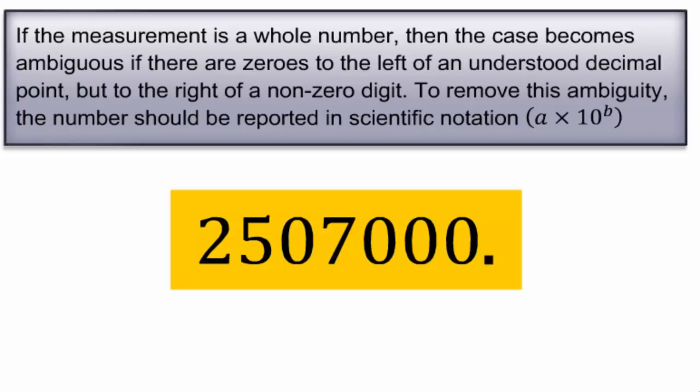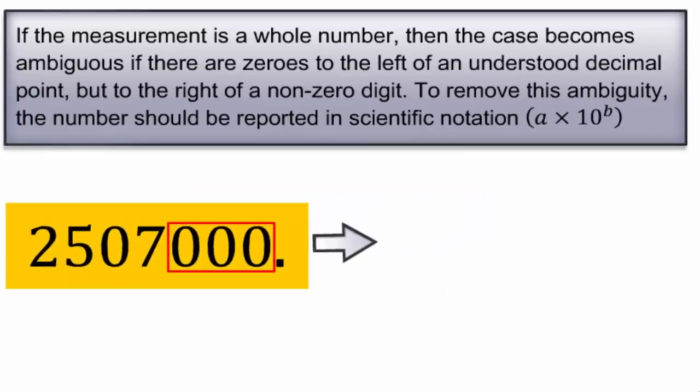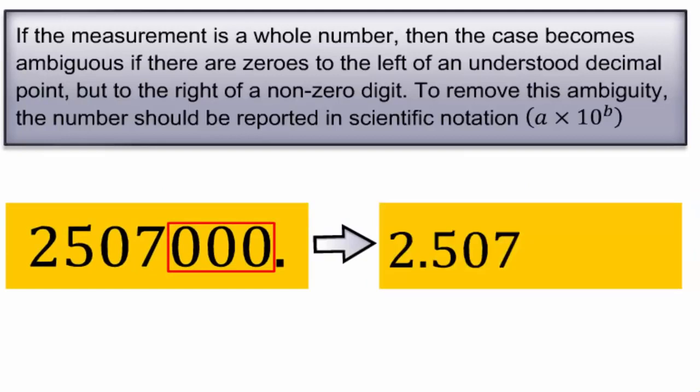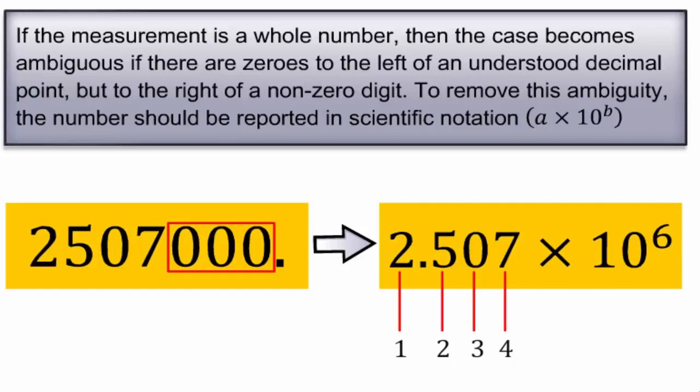The rightmost non-zero digit in the number is 7. There are 3 zeros between the 7 and the understood decimal point. We can report this in scientific notation as 2.507 into 10 raised to power 6. Now, the number of significant figures in this number is 4, since 2.507 is greater than 1.